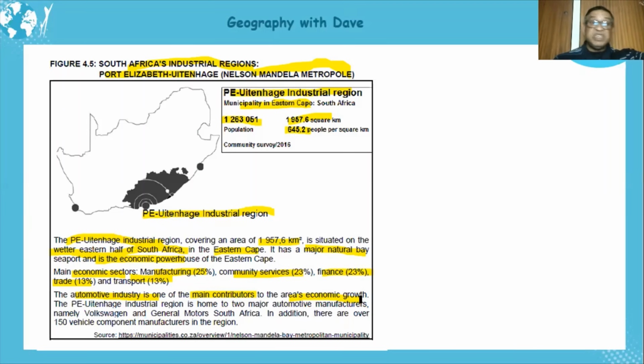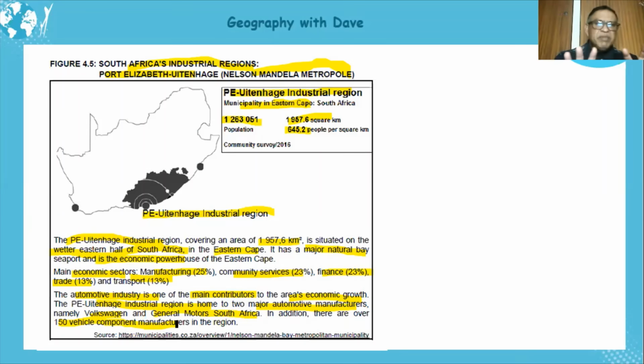The automotive industry is the big one. The PE-Uitenhage industrial region is home to two major automotive industries, Volkswagen and General Motors South Africa. In addition, there are over 150 component manufacturers. There's a real emphasis on this automotive.